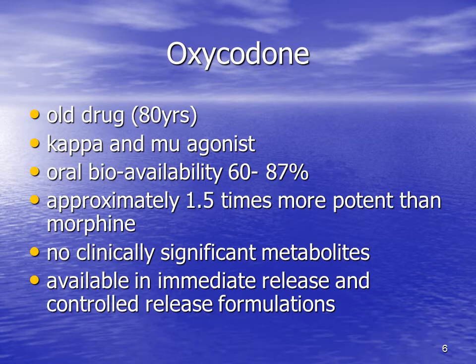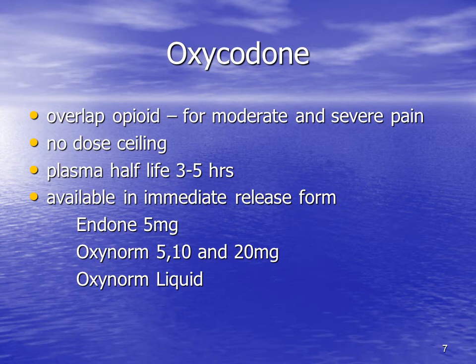So it's approximately 1.5 times more potent than morphine on a milligram for milligram basis. It has no clinically significant metabolites as morphine does in terms of side effect profile, and is available, of course, in immediate release and controlled release formulations. So it's sometimes called an overlap opioid.